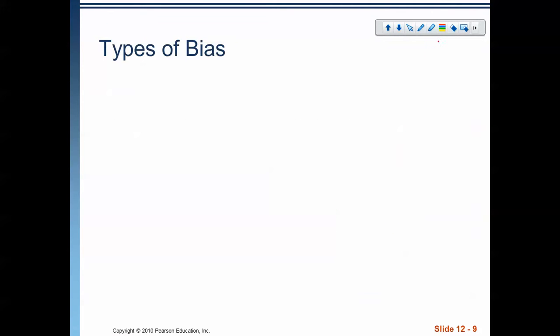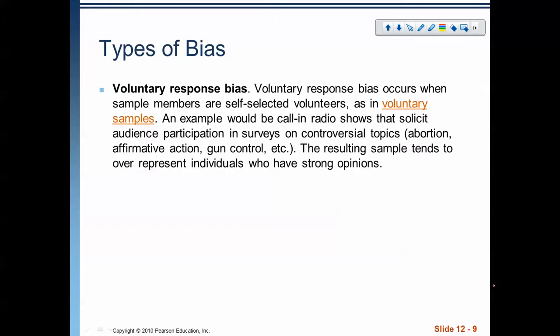I think there's two more types of bias. Voluntary response bias happens inside of a voluntary sample. Examples are call-in radio shows that solicit audience participation in surveys or controversial topics. They tend to overrepresent the people with strong opinions.